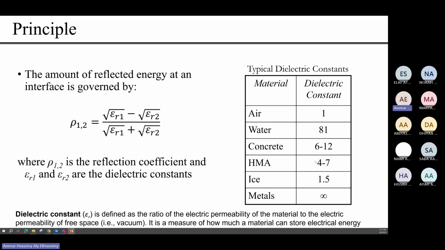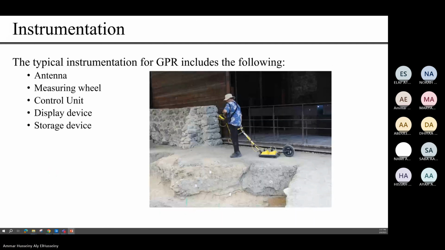You don't have to memorize these numbers, but you need to have a relative sense. You need to know that metals and clays have higher values of the dielectric constant compared to, for example, ice, concrete, air, all of these things. And of course, water comes next after metals. So just the relative sense is important here, right?